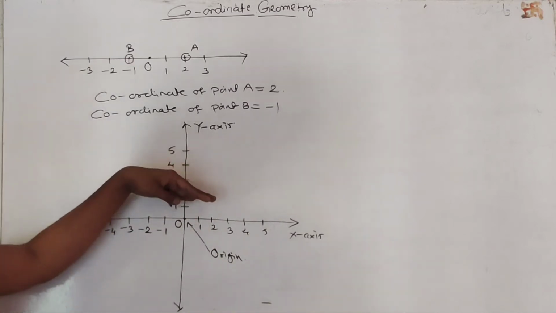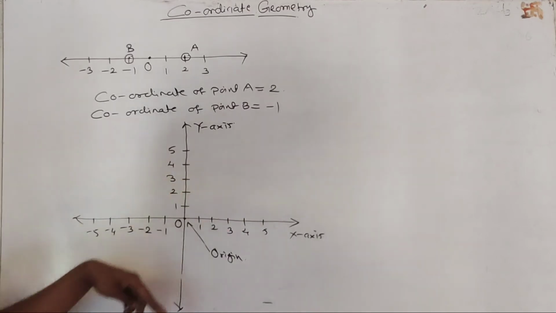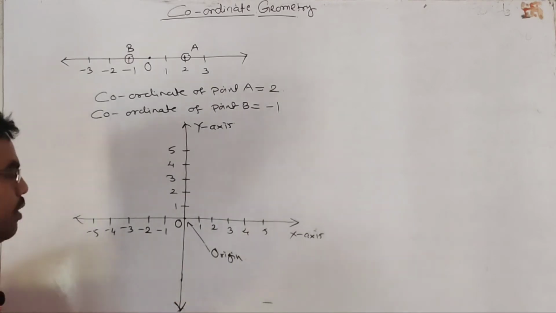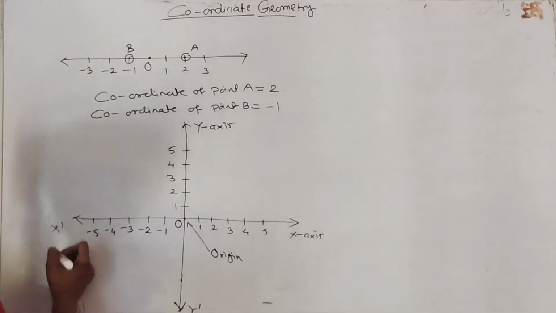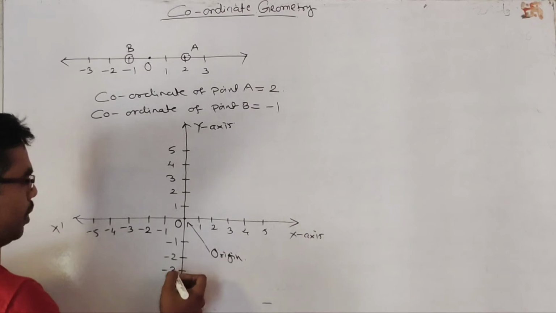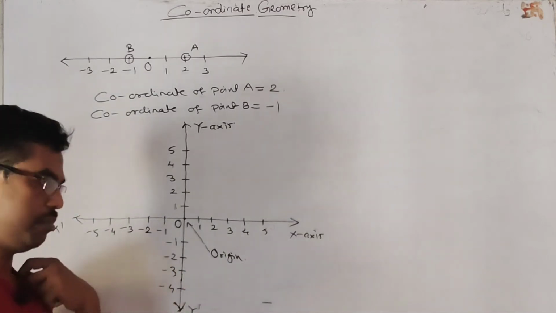And below the x-axis, there is the negative direction of y-axis. So we write here y dash, and here we write x dash. -1, -2, -3, -4. We take here infinite numbers.